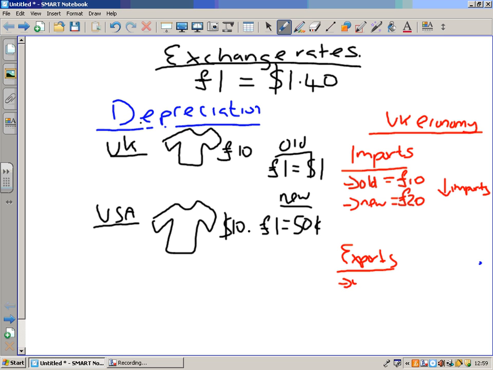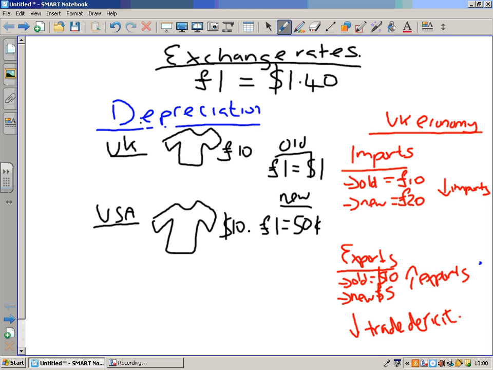Exports in America at the old exchange rate, to buy our t-shirts at £1 equals $1, to get our £10 they will have to give over $10. At the new exchange rate, because the pound is depreciated, they've only got to give over $5 to buy our t-shirt. This should mean exports increase. So potentially with this, our trade deficit should fall.